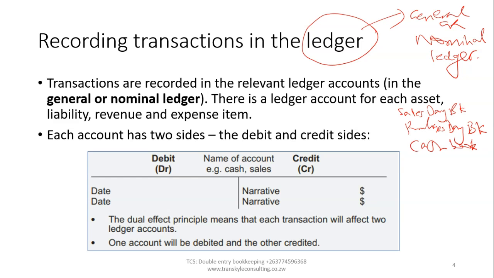But the cash book is also part of the double entry bookkeeping system, so it is also part of the general ledger. However, for the purpose of this explanation, when a customer comes to buy something on credit, we record that transaction initially in the sales daybook. But because it is a credit transaction, there should be what is called a receivables ledger.